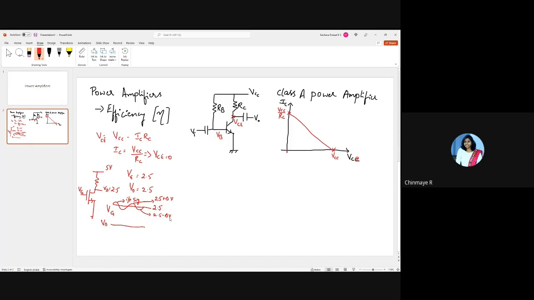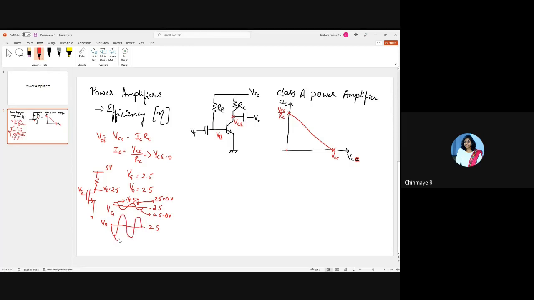Okay. So now this VD is also 2.5. So you'll get an amplified inverted signal. Correct? Something like this.